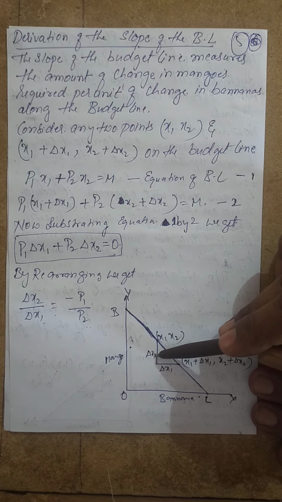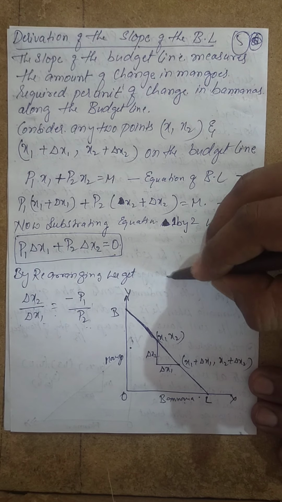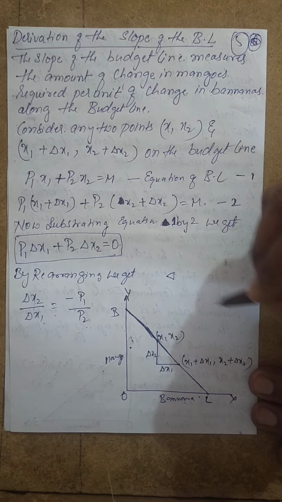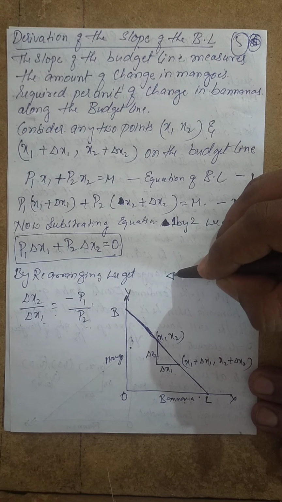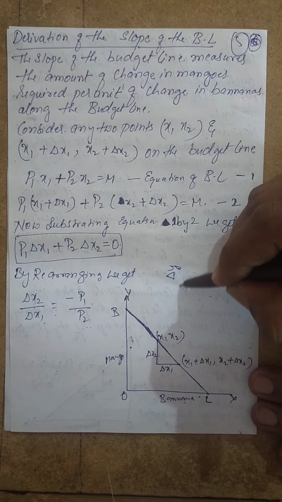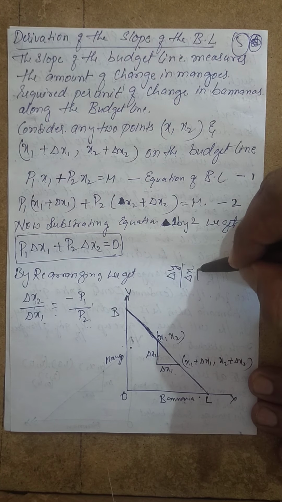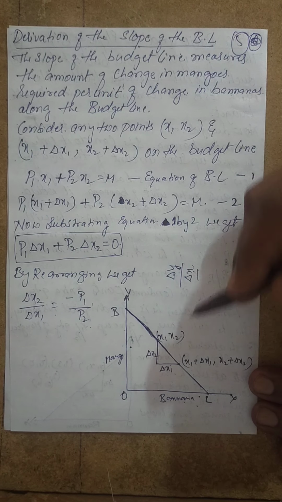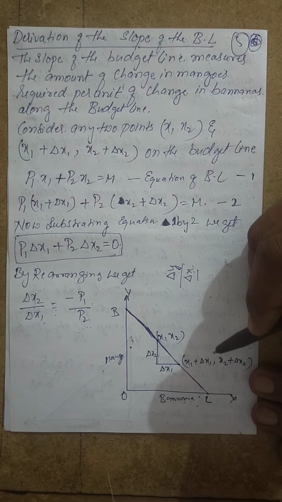Per unit change we measure in the form of delta, a small change. It is the per unit change of the y good, mango, with respect to the x good, banana. Both are changing per unit.